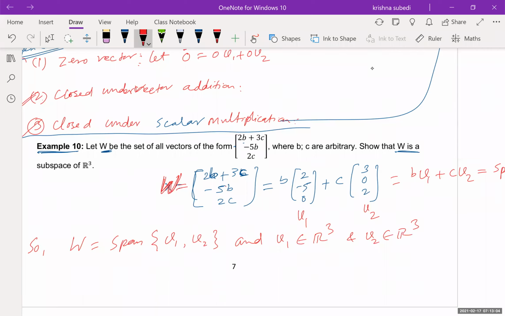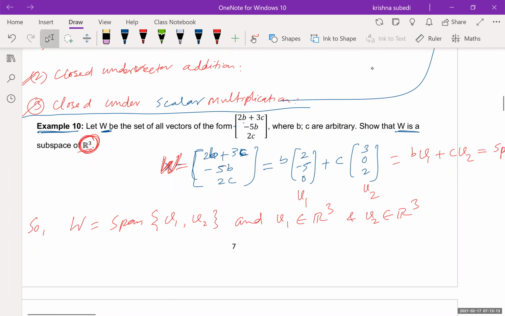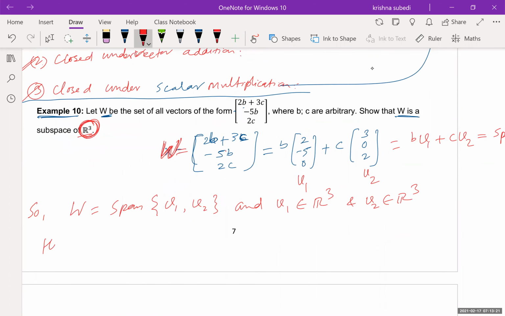Both belong to R3. Look at the question here: V1 and V2 both belong to R3, and W is generated by using those two vectors. So hence W is a subspace of R3 by theorem 1.